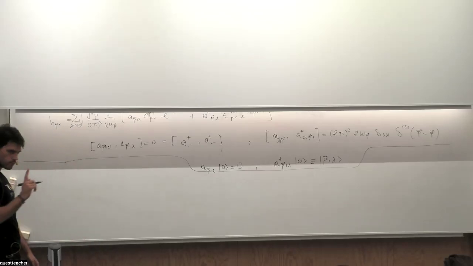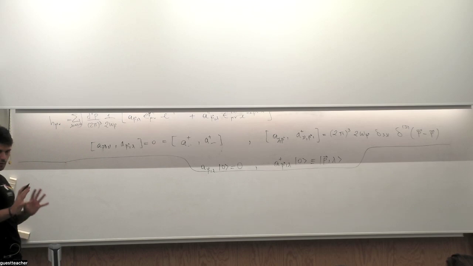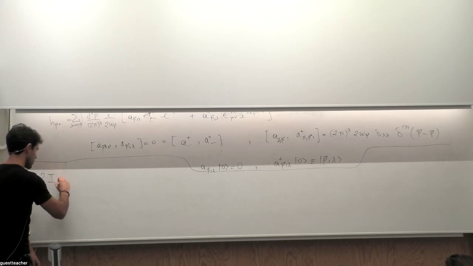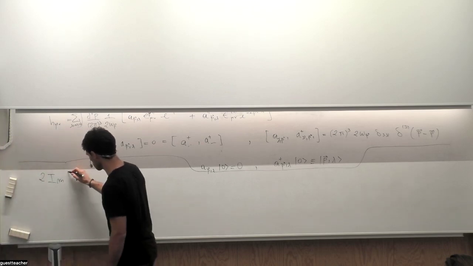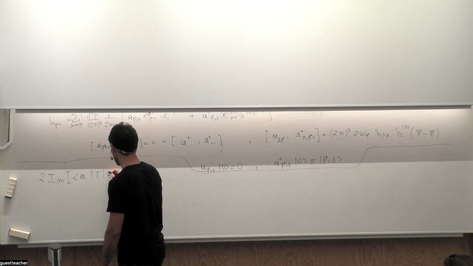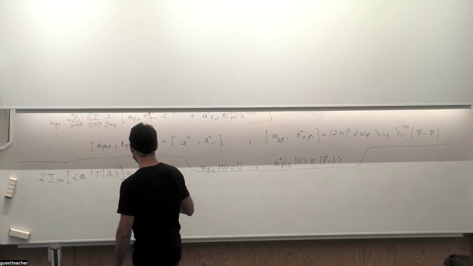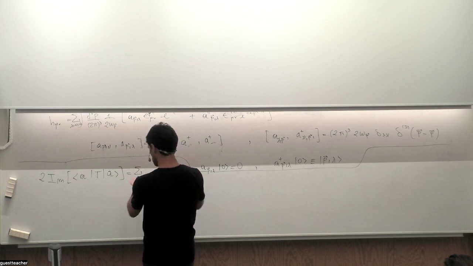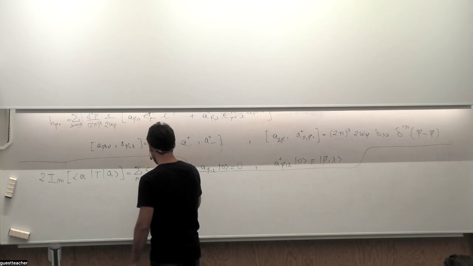Because you see, in the first part of the lecture yesterday, I mentioned unitarity and the optical theorem. Let's just take again the optical theorem in the way that I wrote it yesterday, which was twice the imaginary part of an amplitude equal to the sum of all possible intermediate states of something like this.